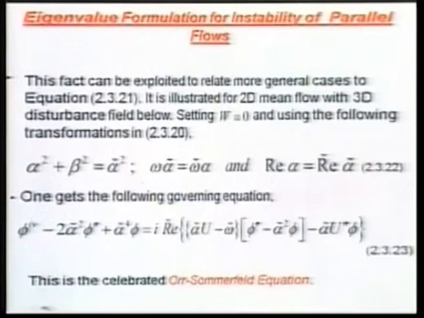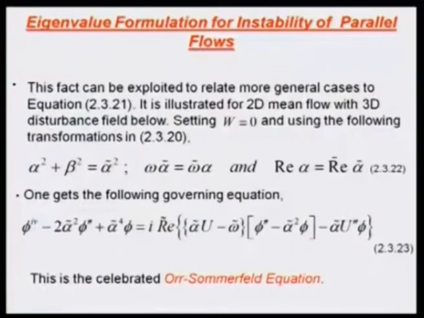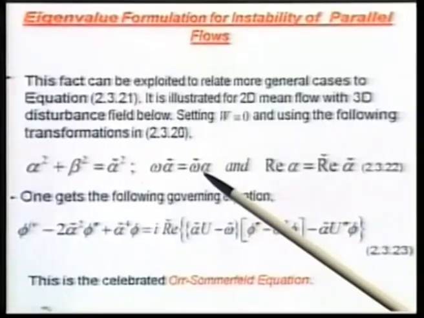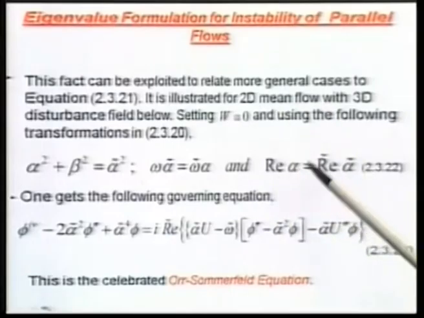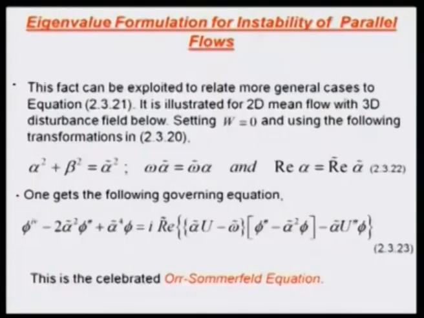So, alpha tilde is probably also complex. Then given omega, which is let us say real for a spatial problem, I could introduce omega tilde through this relation. And then the final thing that I could do is write Re times alpha in terms of Re tilde times alpha tilde.